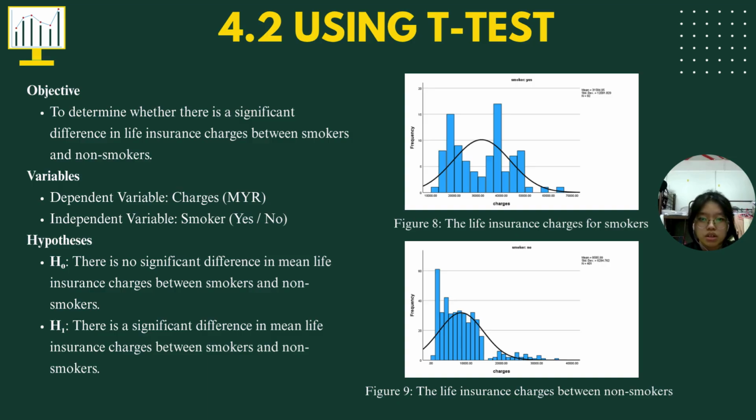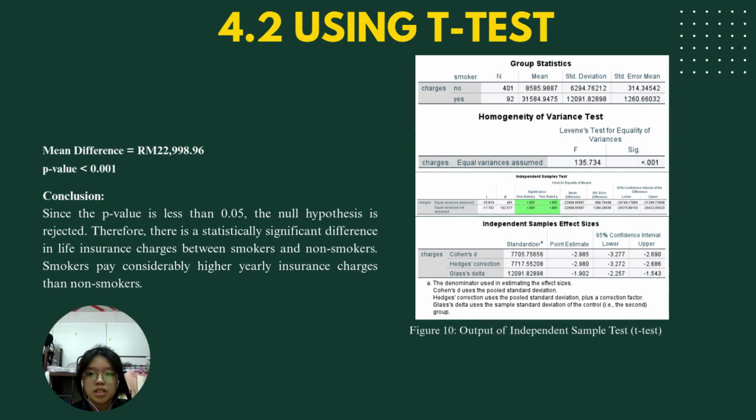The histogram shown on the right illustrates the distribution of life insurance charges for smokers and non-smokers. Based on the SPSS output, the average yearly life insurance charge for non-smokers is 8,585 ringgit and 9.9 cents, while the average charge for smokers is 31,584 ringgit and 95 cents.